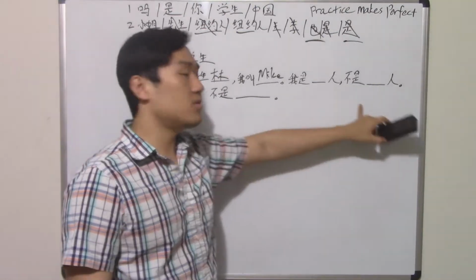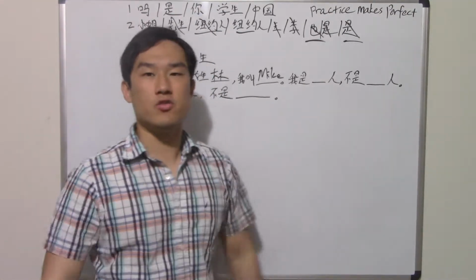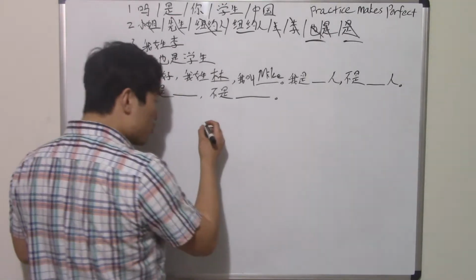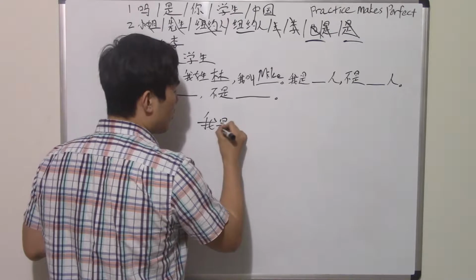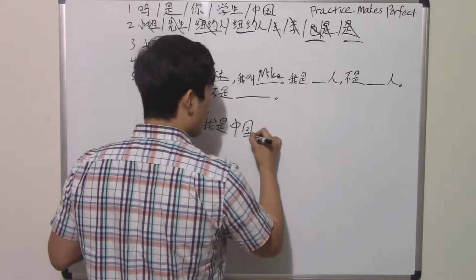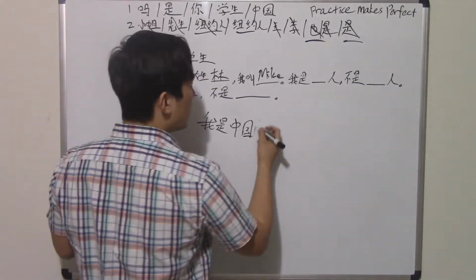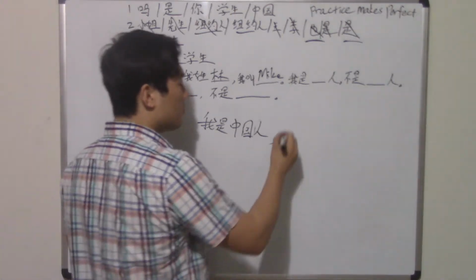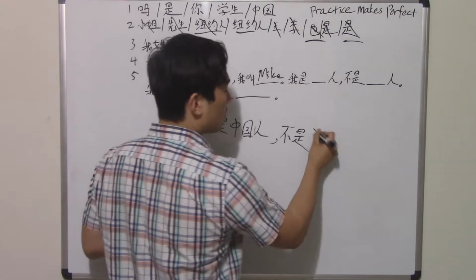In this case, blah blah usually means where you're from, or your heritage, your nationality, things like that. So you can say 我是中国人. If you want to say I'm Chinese, it would be 我是中国人, so I am Chinese, right? And then 不是, so I am not 美国人.